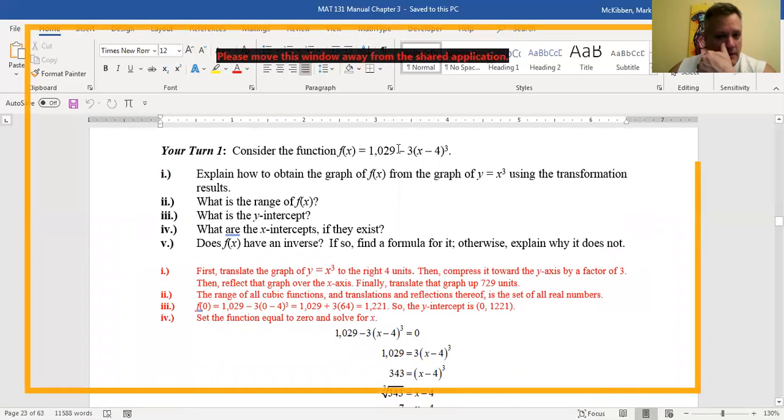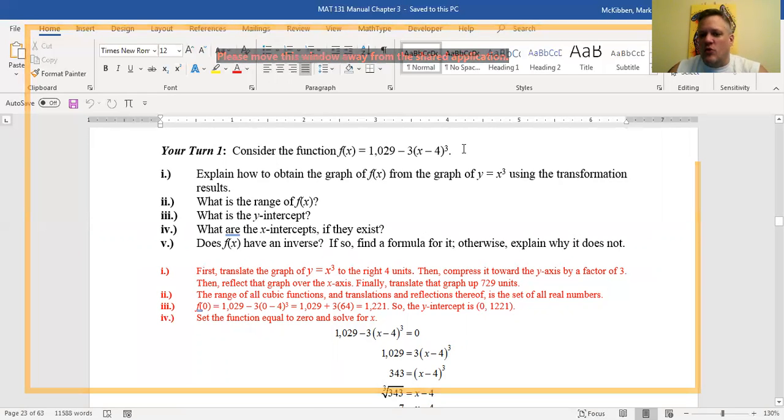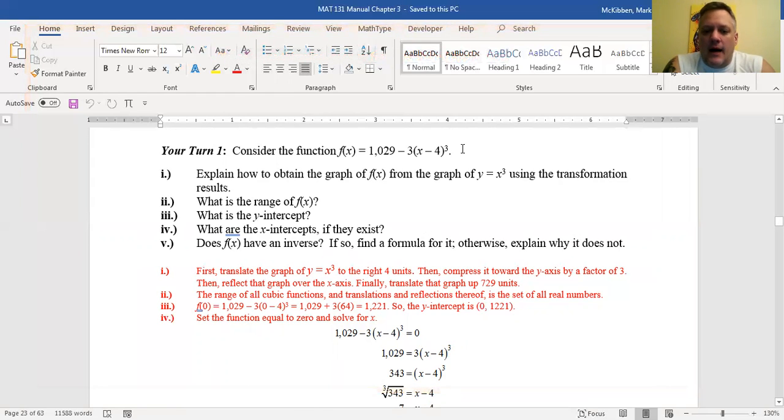So I'm going to compress it by a factor of 3 toward the y-axis, so I'm going to stretch it. The negative reflects that graph over the x-axis, and then adding the 1029 to it. Remember, if that confuses you to put it in front, just tack it on back here as a plus 1029. It's exactly the same thing. That'll move it up that many units.